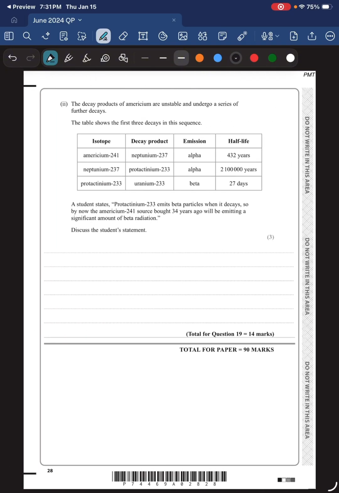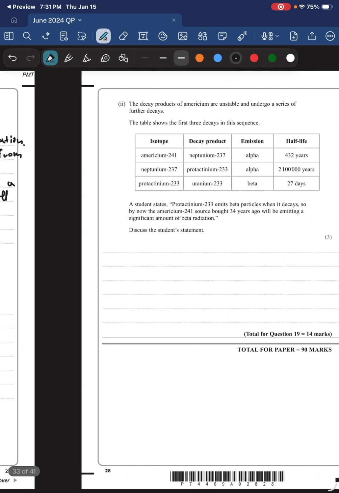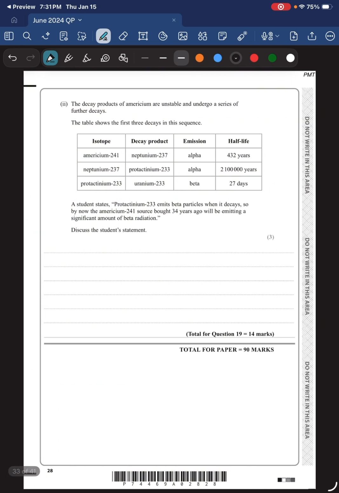And part 2 of question 19C. The decay products of americium are unstable and undergo a series of further decays. The table shows the first 3 decays in this sequence.